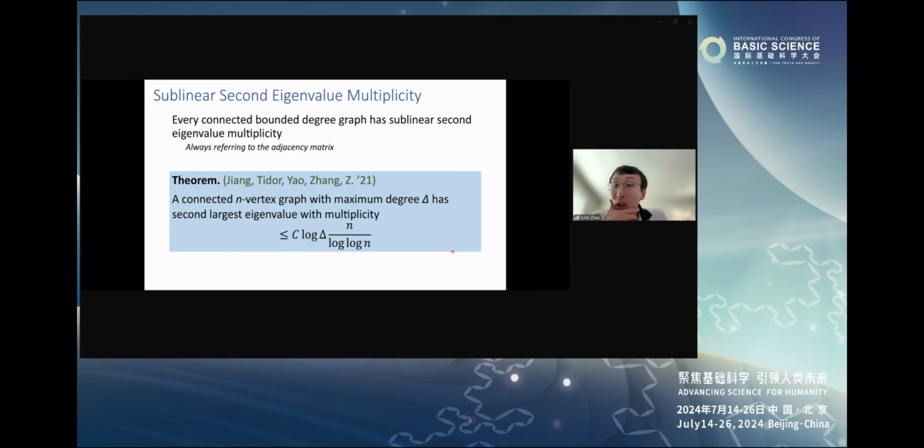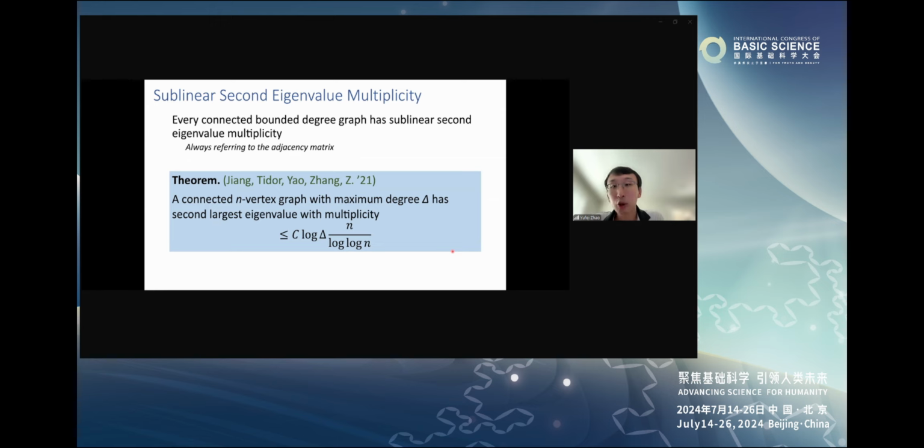So I think this is an interesting result on its own because it's a fairly general result about eigenvalues of graphs, and there are very few results about eigenvalue multiplicities of graphs. Spectral graph theory is often concerned with the spectral gap because of its relevance to mixing and expansion, and that's very important.